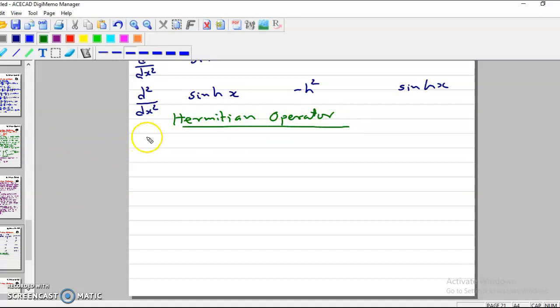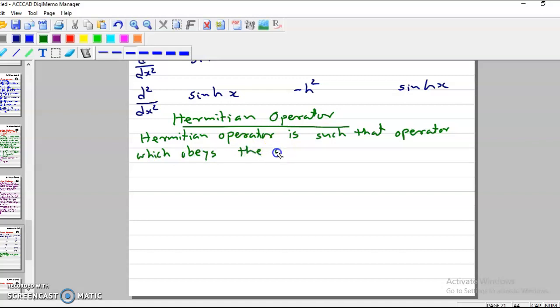So here Hermitian operator is such that operator which obeys the eigenvalue equation.